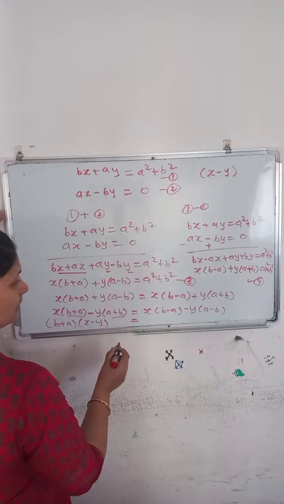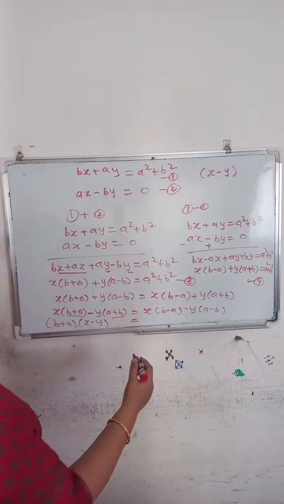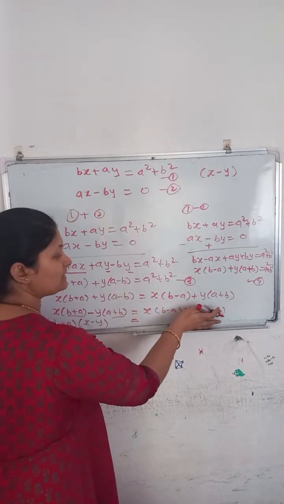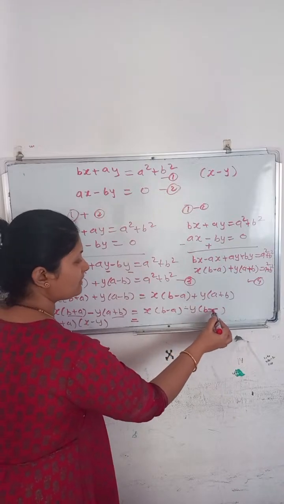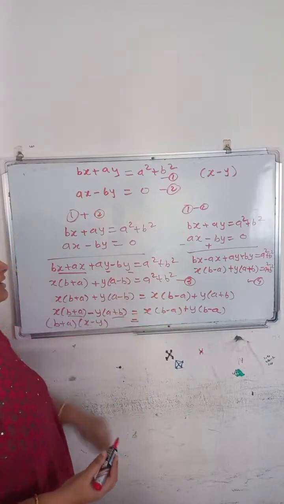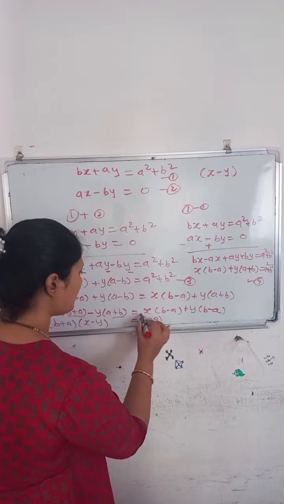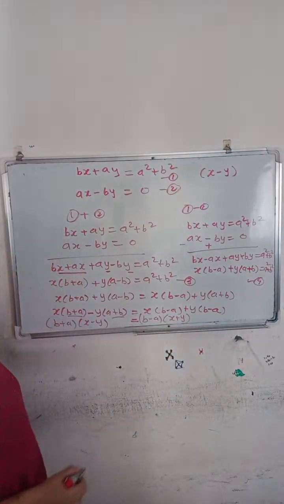If I take the minus sign out, the signs get reversed, so it becomes plus. Now I am getting b minus a common, then I can write x plus y.